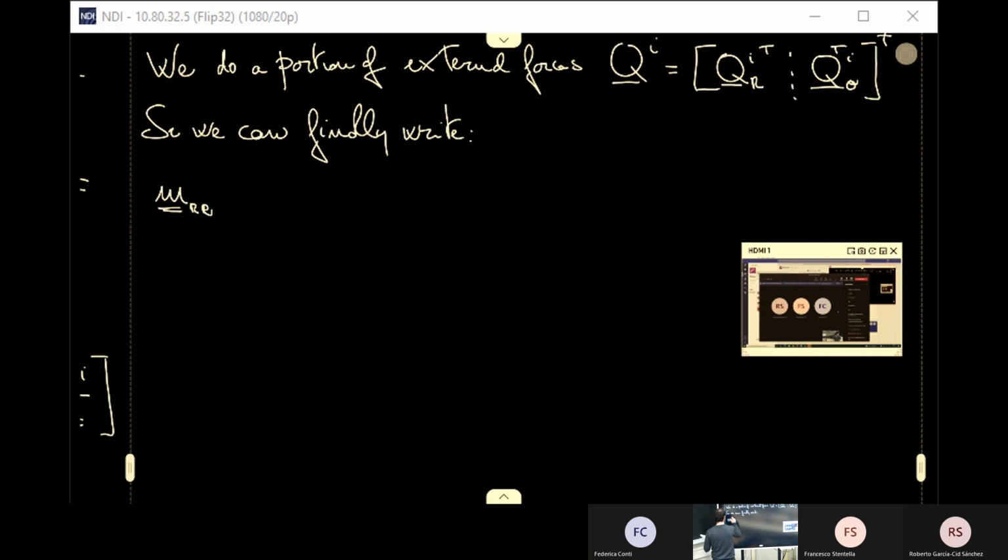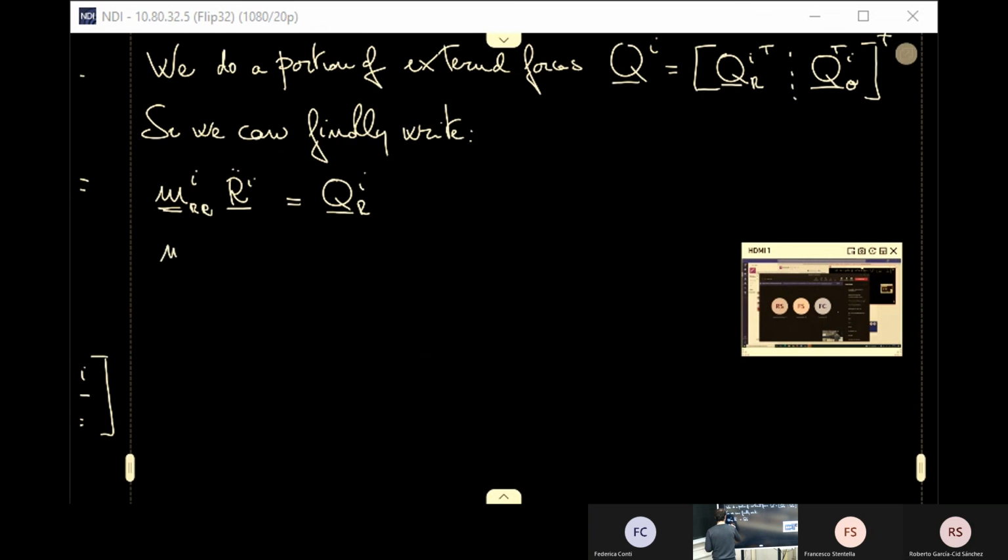M_RR_i Ri double dot is equal to Q_R_i, and that's the first one.